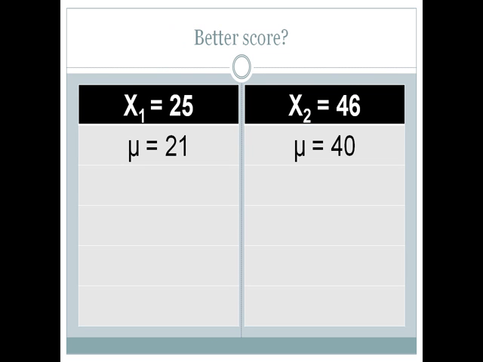And next, we add information about the standard deviation for both of those classes. In this case, I made a better score than the mean for both classes, but using z-scores, see if you can determine which score is the better score objectively.